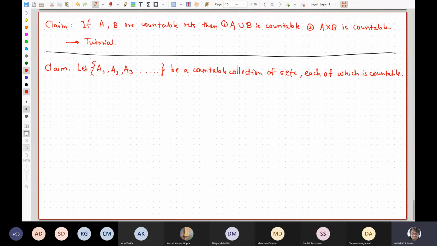The collection itself is countable. How many sets do I have in the collection? Countably many. Could be finite, could be infinite. The more interesting case is where these are infinite, and each Ai is also a countable set.